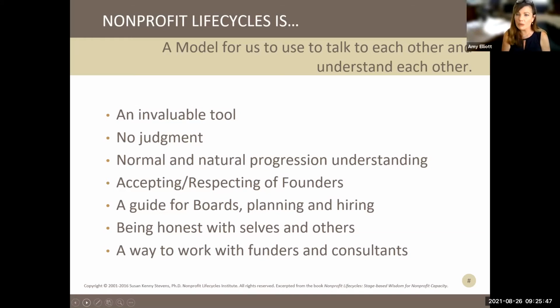They can also help with board training, with hiring of executives, and really have those tough conversations where they can help you be honest with yourself and others. So if you find yourself wanting to hire a consultant, one of the things I might recommend is looking for a consultant that has had some of this life cycles training. They don't have to have had a lot, just enough to understand the model, as you'll see.